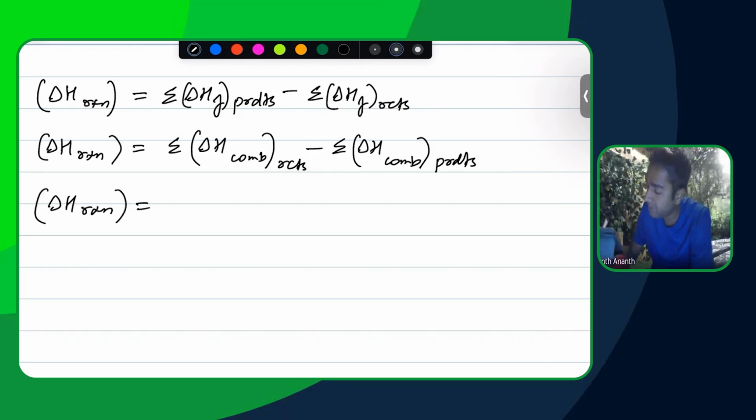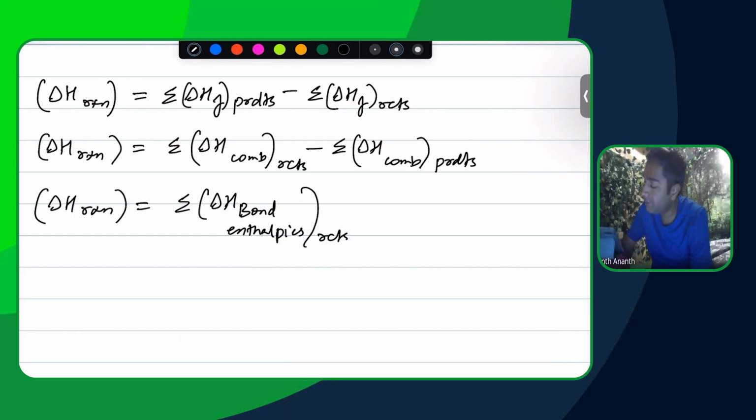Reactants. So I'll have it as sigma of bond enthalpies of the reactants minus sigma of the products.